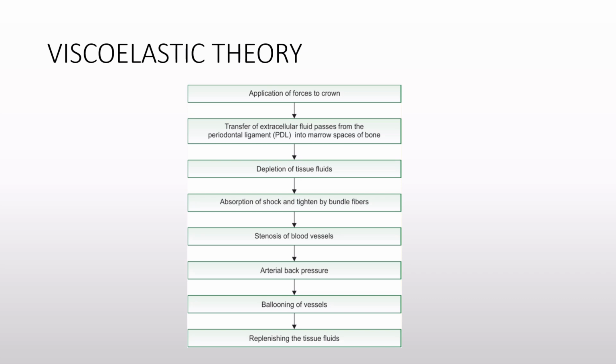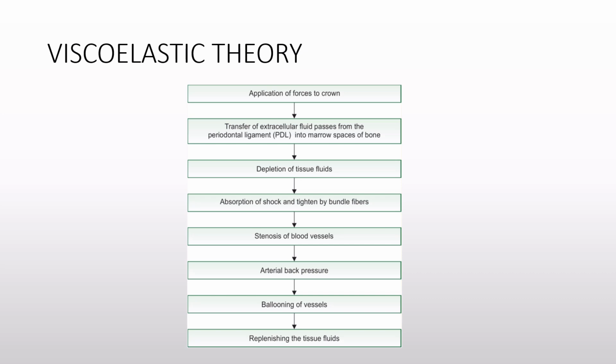When forces are transmitted to the tooth, the extracellular fluid passes from the periodontal ligament into the narrow spaces of the bone through the foramina in the cribriform plate. These perforations of the cribriform plate link the periodontal ligament with the cancellous portion of the alveolar bone, and they are more abundant in the cervical third than in the middle third.